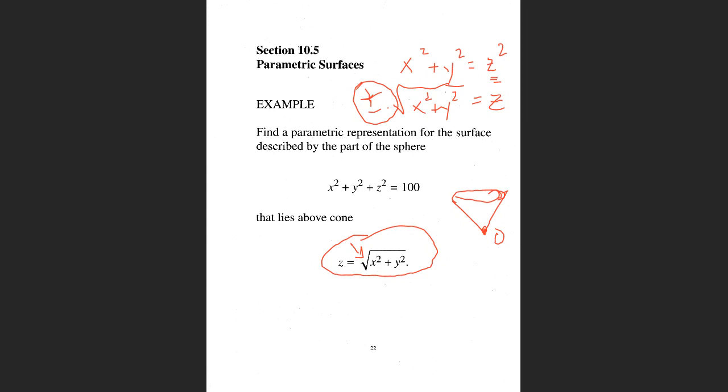Well, we don't normally talk about a radius for a cone. We don't have a cylinder here. We have a sphere and we have a cone. Okay, x squared plus y squared plus z squared equals 100 is the sphere. For x squared plus y squared equals z squared, that's a cone, and I have to be careful how I phrase it.